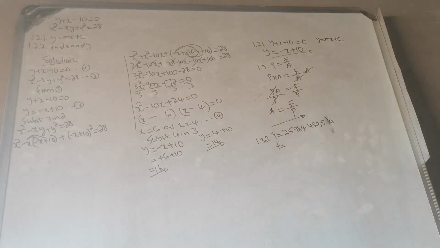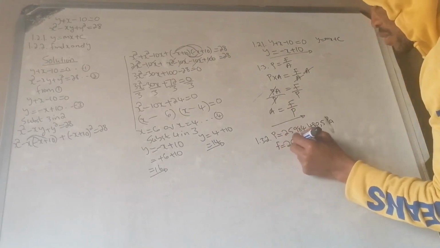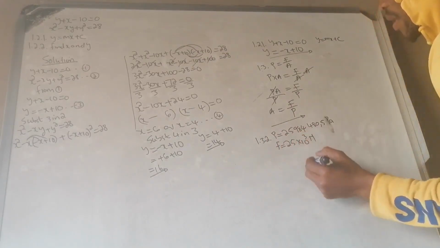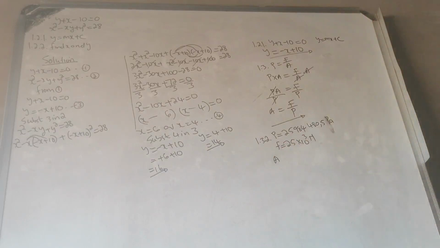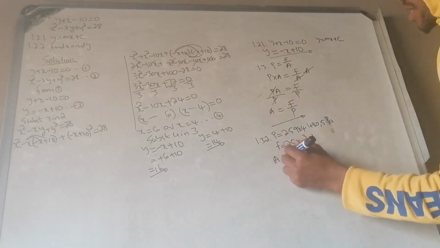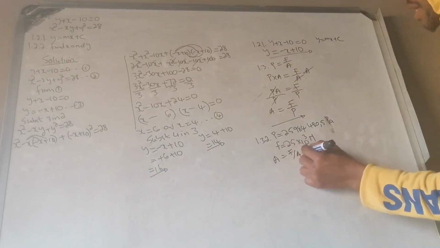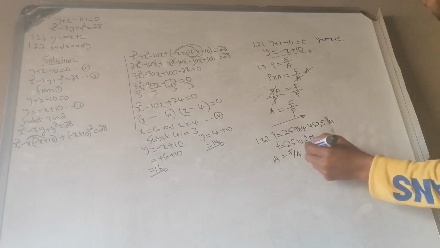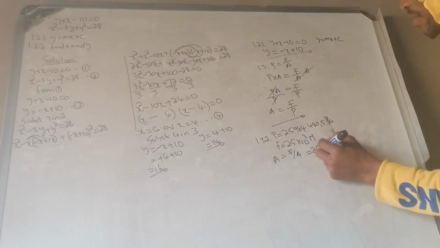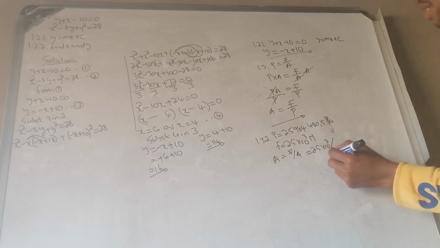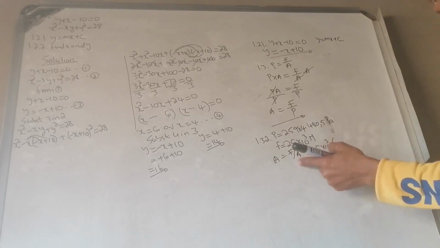The value of the force is 25 times 10 exponent 3 Newton. We are looking for the value of A. We already have force divided by area. Our force is 25 times 10 exponent 3 divided by the area.